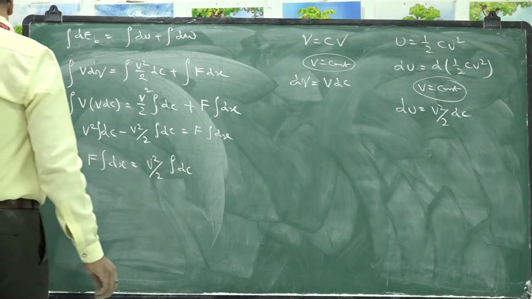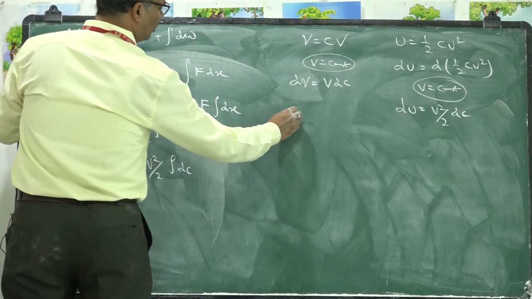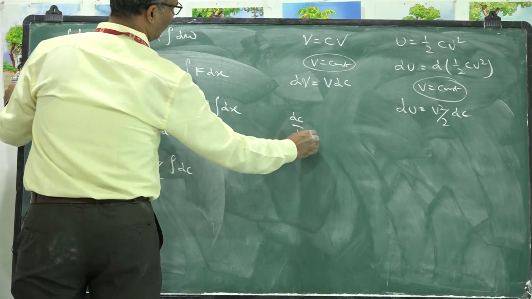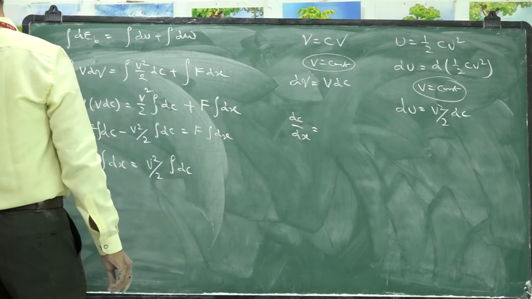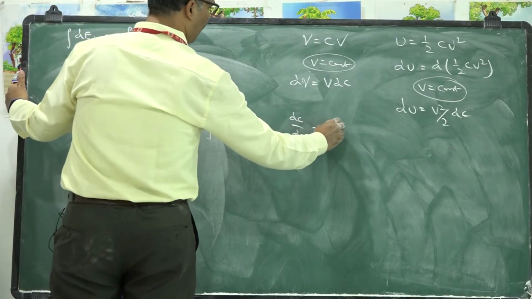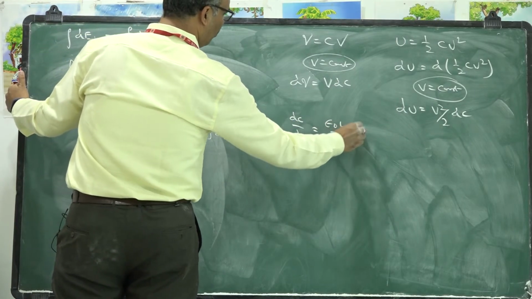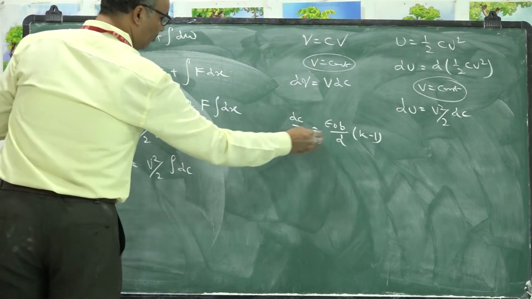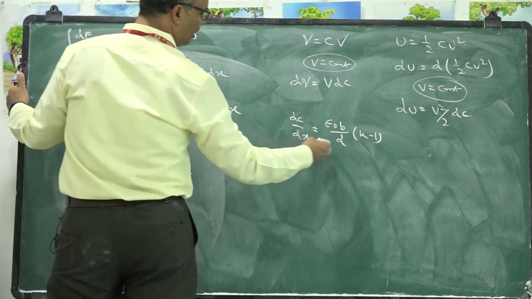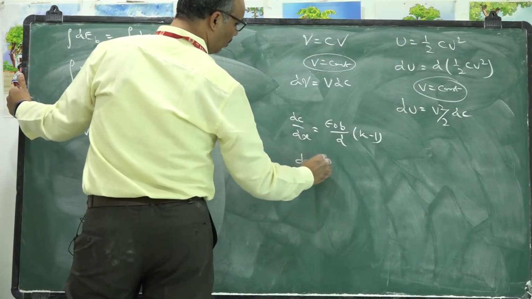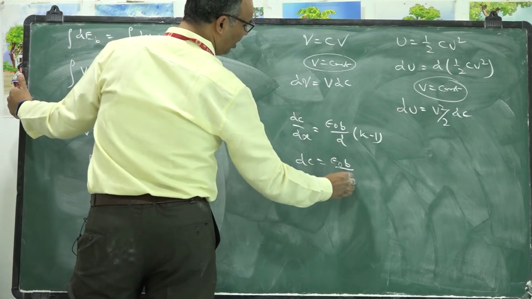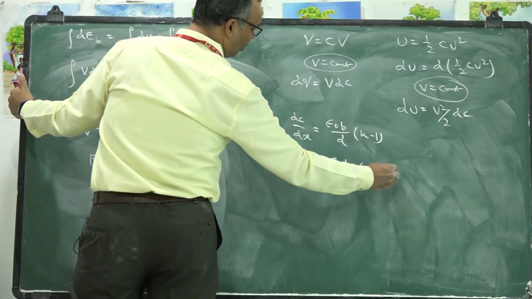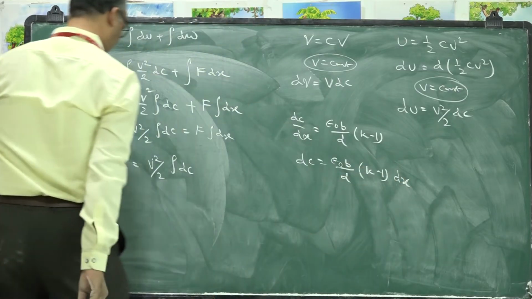Already we calculated dC by dx as epsilon naught b by d into k minus 1. From this dC value, this dx will go to that side. dC is equal to epsilon naught b by d into k minus 1 into dx.